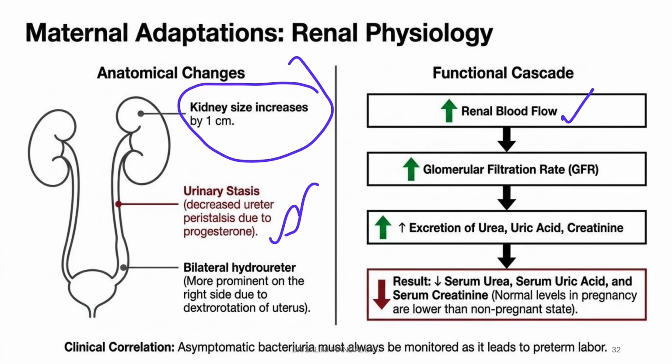So renal blood flow is increased, thus the GFR is increased, therefore increased excretion of urea, uric acid, and creatinine will be there, and because of that, serum urea is going to be decreased, serum uric acid is going to be decreased, and serum creatinine will also be decreased in a pregnant state.